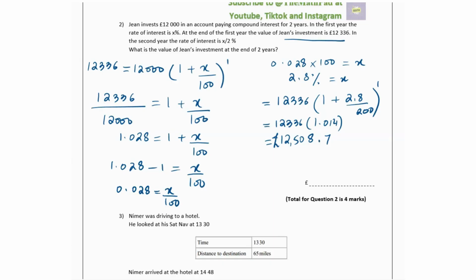Then again we times it by the value that we have after the first year, because it's that value that's been invested in the second year. So we use this for the second year, and then we find the investment value at the end of 2 years, which is £12,508.7.